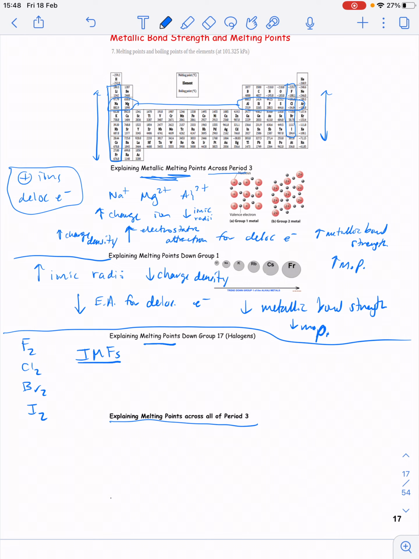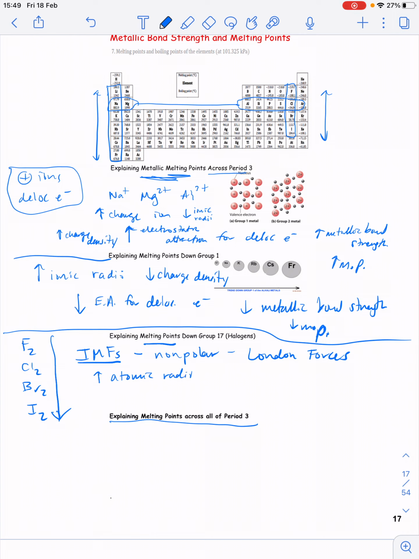And the IMF that these will have between their molecules, because they are all simple diatomic nonpolar molecules, is London forces. And the main factor for London forces is surface area, or number of electrons. So as we go down this group, we are increasing atomic radii.